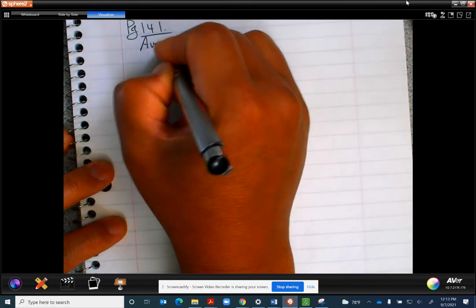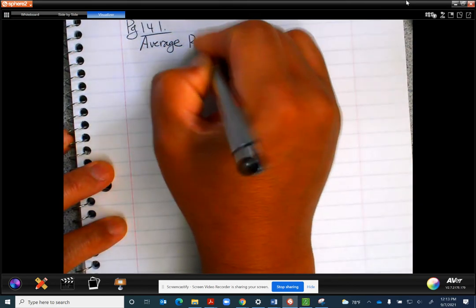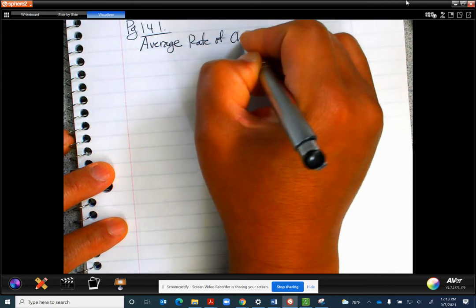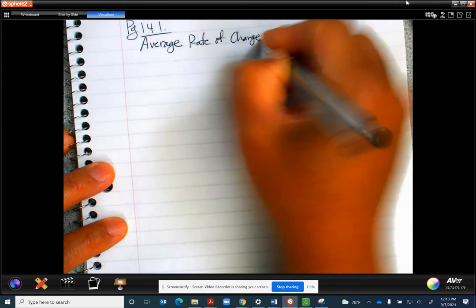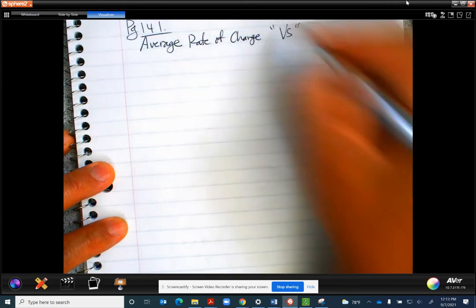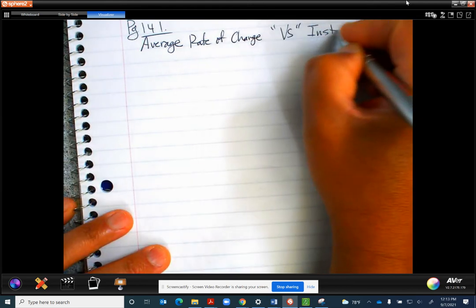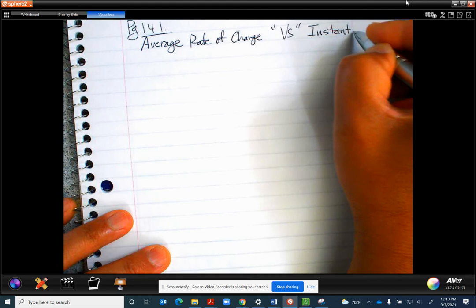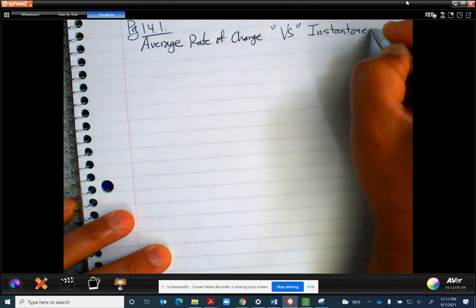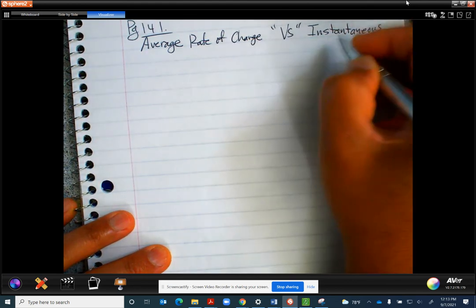Okay, we're going to see the difference between the average rate of change versus instantaneous speed.